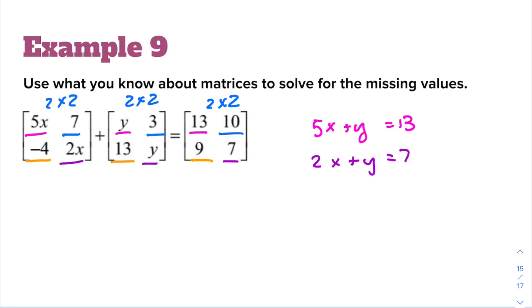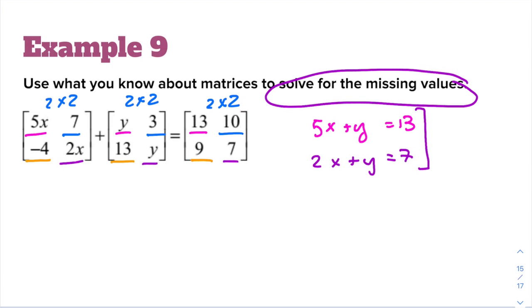Again, we're trying to solve for the missing variables, but instead of getting the values of the variables immediately, what I've done is I've had you guys set up a system of linear equations. So we can solve a system of linear equations using substitution or elimination, which is how I want you to finish up this problem. So because I have two y values that have a coefficient of 1, I'm going to do elimination.